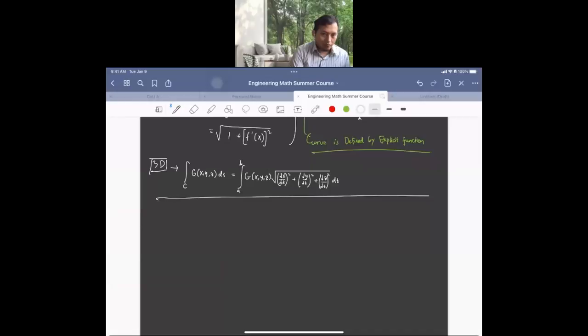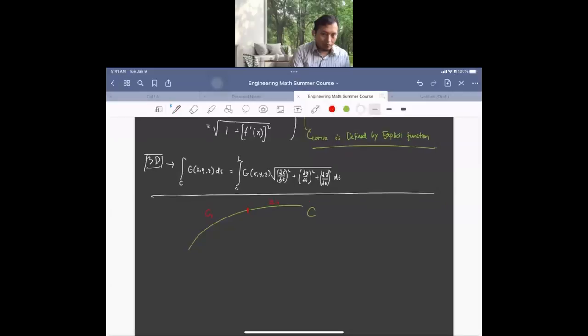Okay, we cut the curve. For example, if we have the curve like this, let's say this is curve C, and we want to separate it into C1 and C2. We can do that, and we can also make it into our line integration.